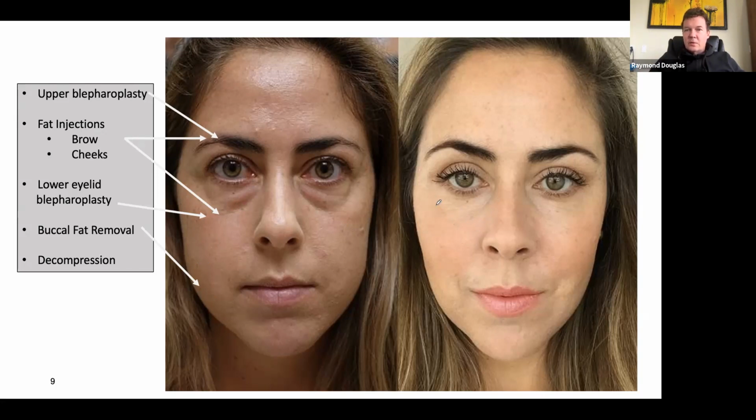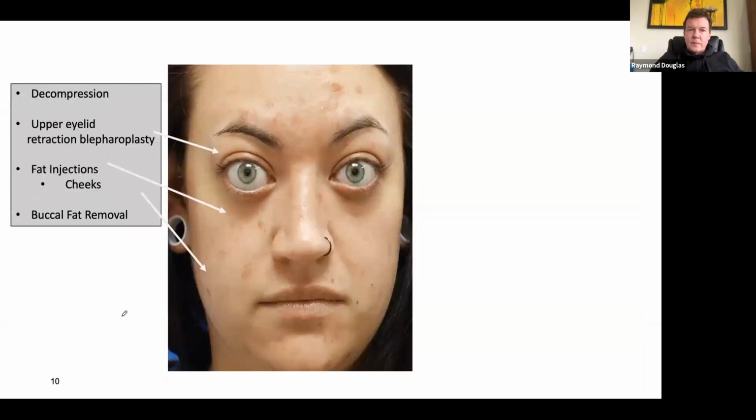Now very subtle, but a very smooth lower eyelid cheek junction, eyelid retraction is gone, symmetric lids, and a much more triangular face. So this patient has thyroid eye disease, and a lot of my patients have thyroid eye disease or just genetically bulging eyes. And so a lot of my revisions for people who've had bad blepharoplasties come from bulging eyes or other things like that.